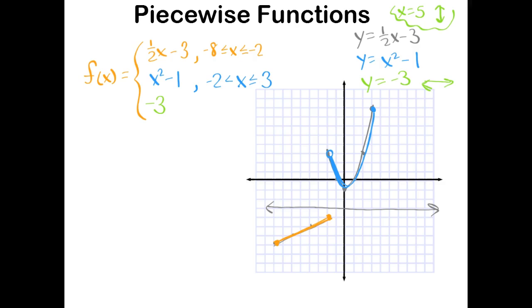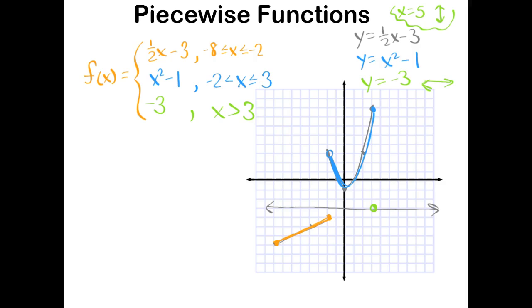And we're going to make a new domain restriction. We're going to say from, where did I end? I ended at 3. So we'll say x is greater than 3. So this one's a little different because not only do I have an open dot on 3, it's just x is anything bigger than 3.